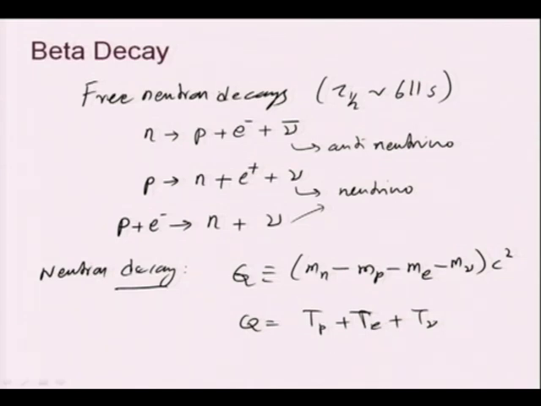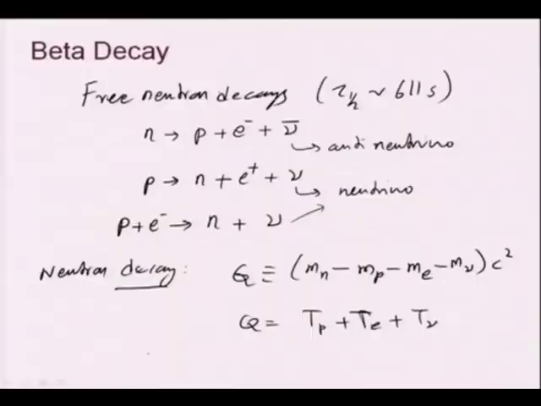For all practical purposes, we can neglect the kinetic energy of proton, because proton is about 1800 to 1900 times heavier than an electron. Electron is 0.5 MeV and proton is 940 MeV, approximately 938.